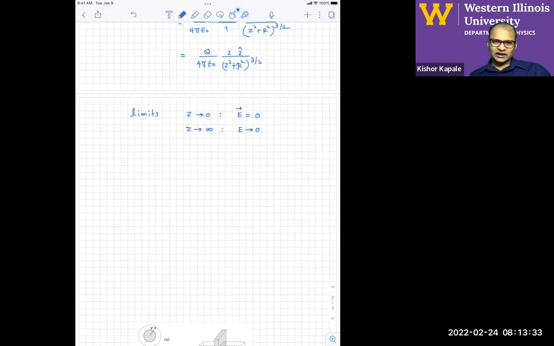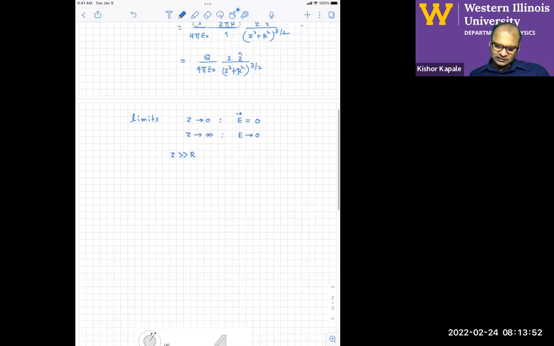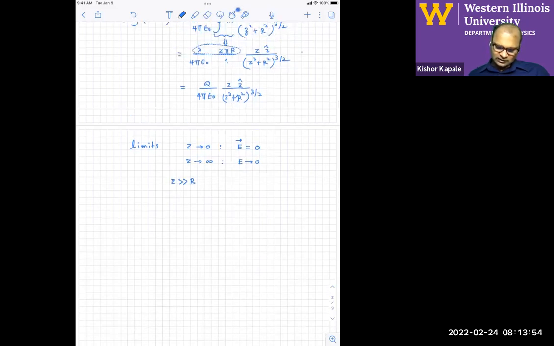But we could think of another limit, which is kind of intermediate, where z is much, much larger than r. Okay, now let's calculate that. z is much, much larger than r. Okay, so let's see what happens in that case. How would we deal with that? Anybody?